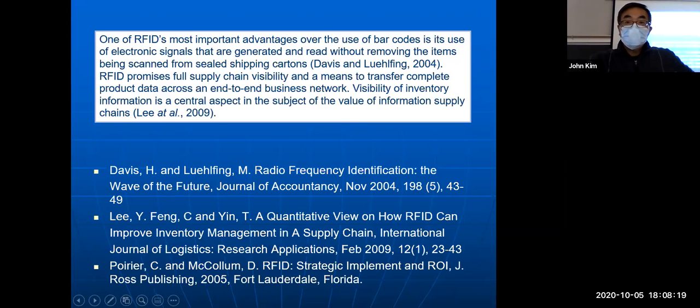I developed a journal paper regarding RFID. At that time, my research topic and question was: if a company installs RFID technology, then will labor cost or something else be better?